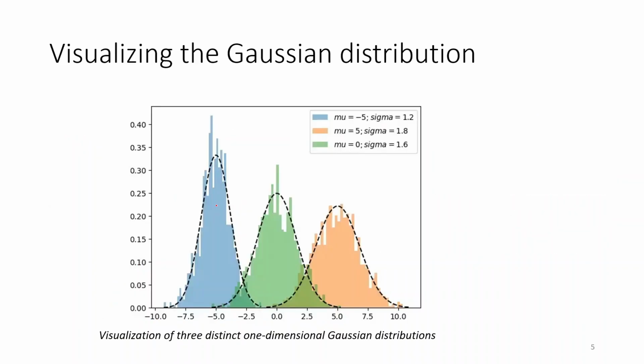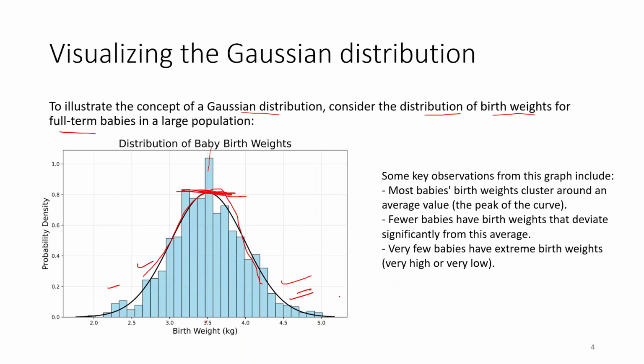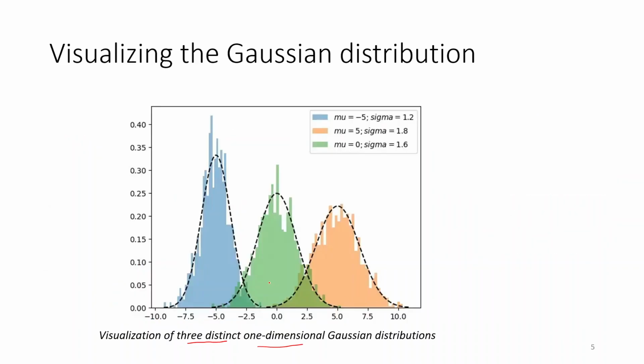When we plot the Gaussian distribution for more than one variable, what you are seeing here is a visualization of three distinct one-dimensional Gaussian distributions. This graph is for one variable, and here we are seeing the Gaussian distribution for three different variables or three different patterns.